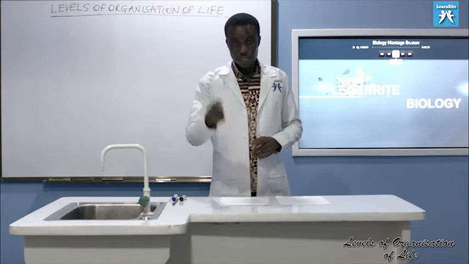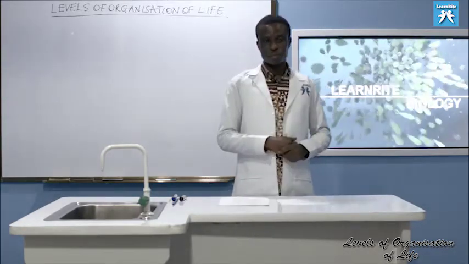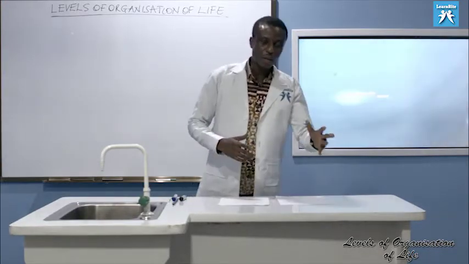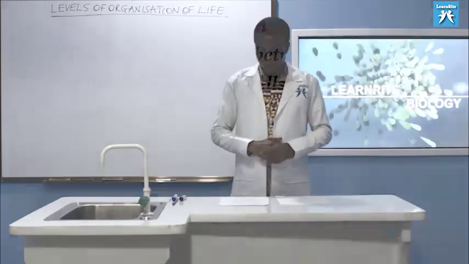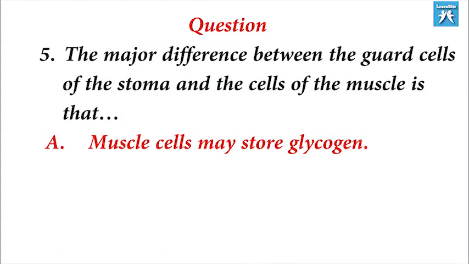And so what? They are plant cells. The muscle cell is an animal cell. So start thinking of cellulose, start thinking of vacuole, large vacuole. Start thinking of presence of chloroplasts. The major difference between the guard cells of the stoma and the cells of the muscle is that A, muscle cells may store glycogen.